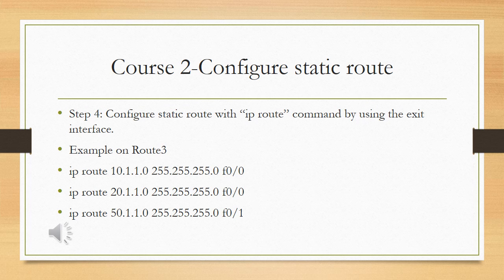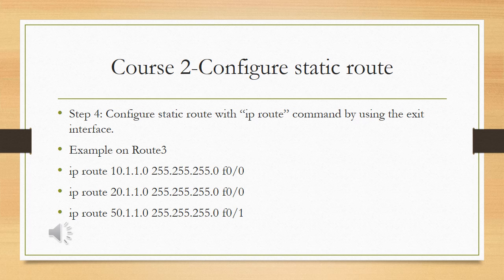Now we've already learned how to configure the static route with the next hop address. Next, let's see how to make it happen by using the exit interface, using router 3 as an example. It needs to know the 10, 20, and 50 networks.